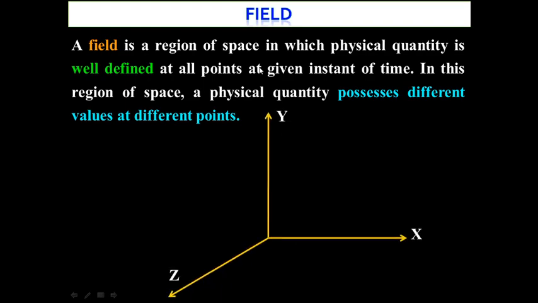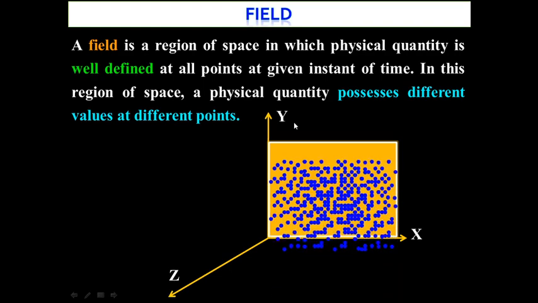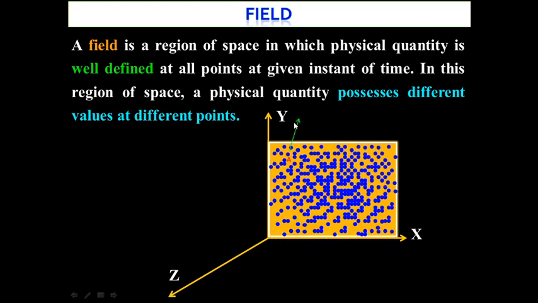Suppose x, y, z axes are space coordinates, and this is the yellow shaded region of space which contains many points. Suppose this is a point A at which physical quantity mass is well defined and the value of mass is m1 at A. Suppose this is a point B at which the value of physical quantity is m2.